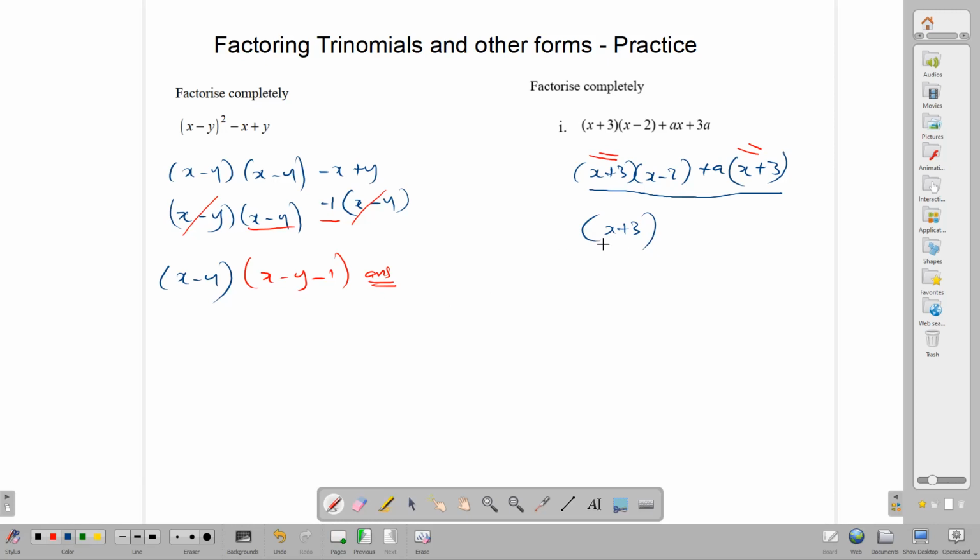Once we have written down our first bracket, we realize that if we take it out from both parts, from here and here, we are left with this part of the expression and that a. So we have x minus 2 and a, positive a. This now is the answer to our factoring.